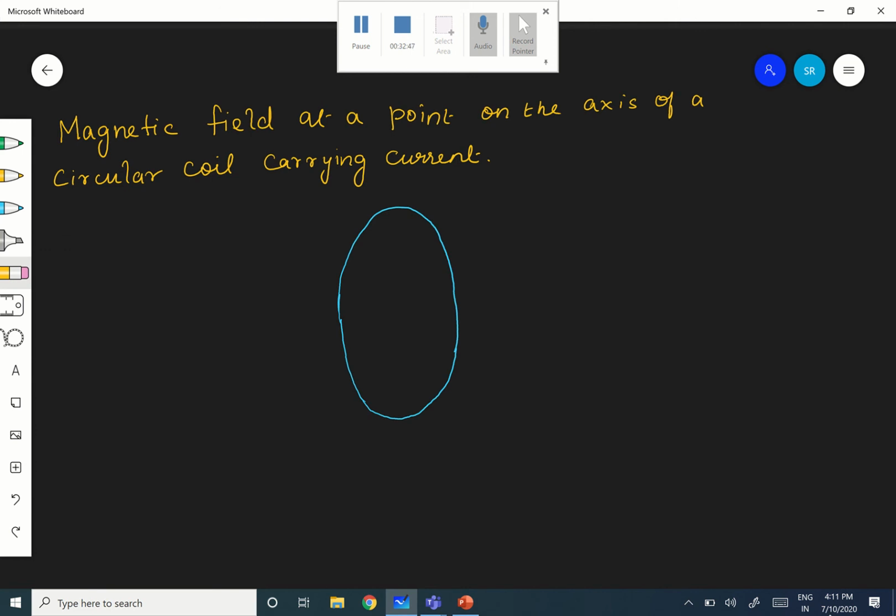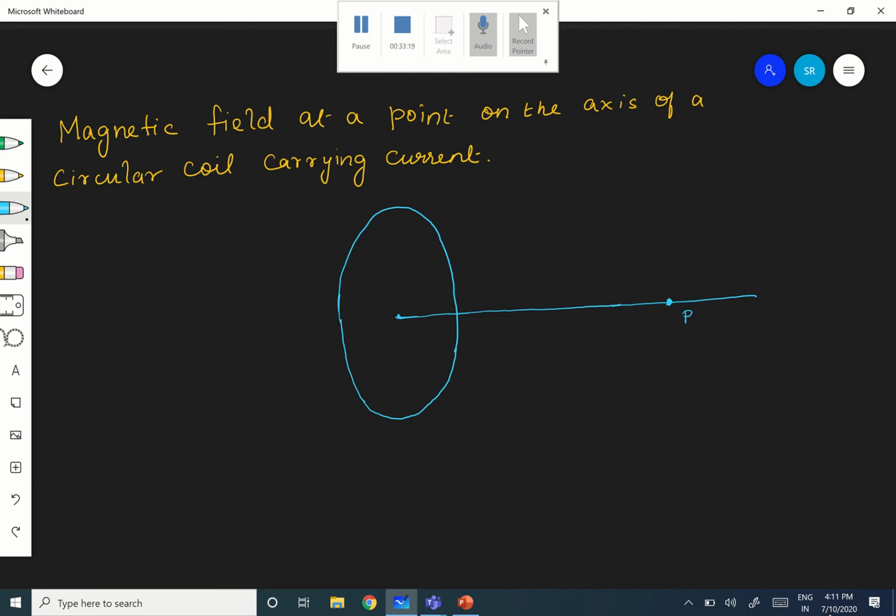Okay, I think this is how we have to represent it in 2D. Okay, perpendicular. So now what I am going to do is, this is the center, and this is the point. See, this is the axis. Right? I am interested in finding out the magnetic field at P, the magnetic field induction at P. This is a point of my interest.